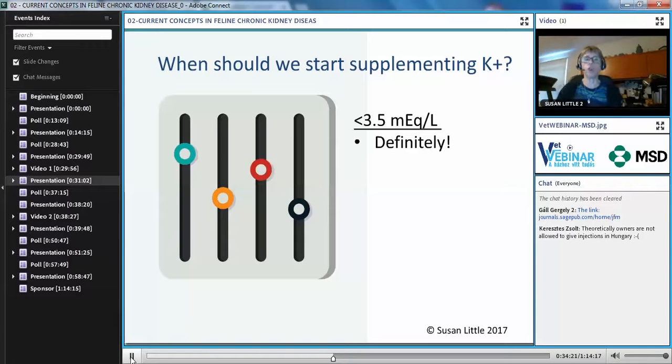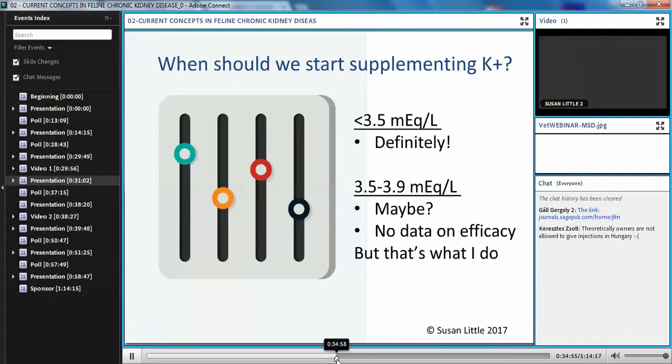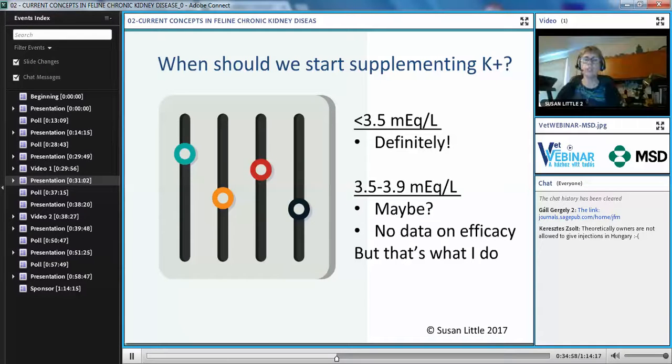I think there's probably no question that if the serum potassium is below 3.5 milliequivalents per liter, those cats definitely should be supplemented. As soon as they're below 3.9, that's when I start potassium supplementation.